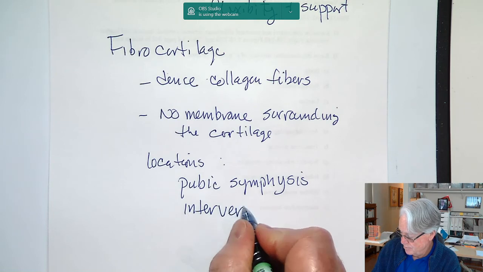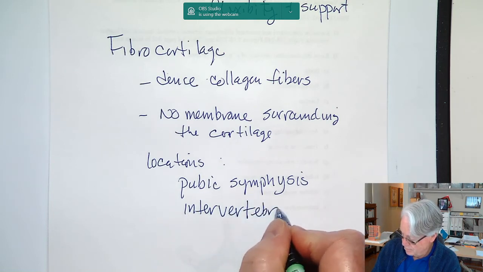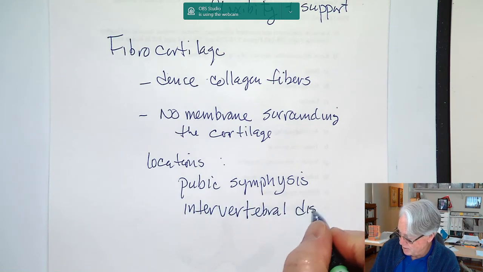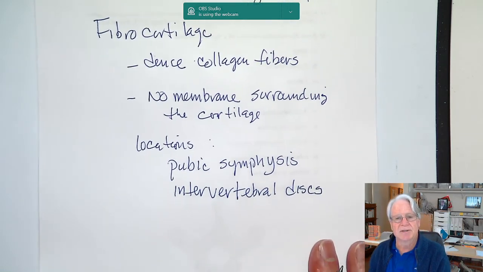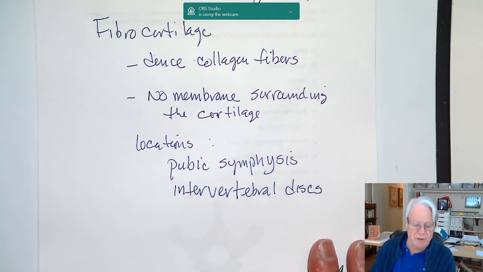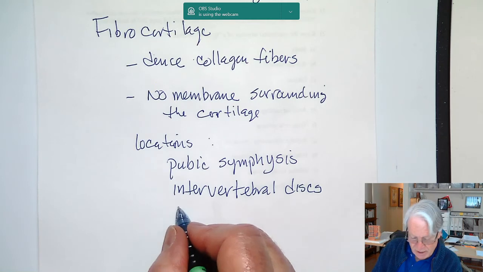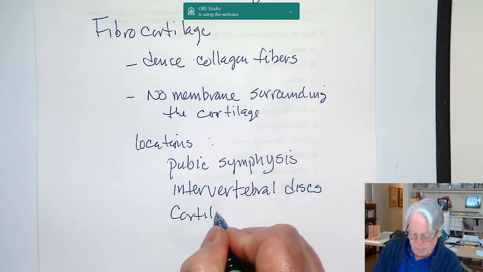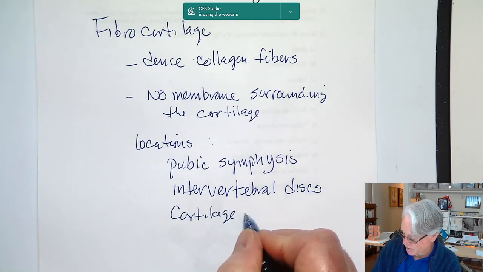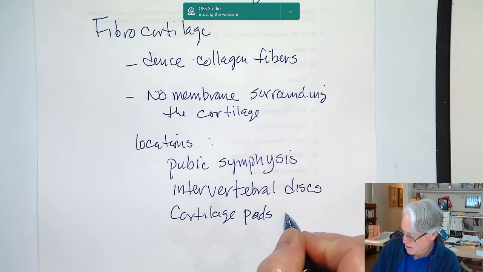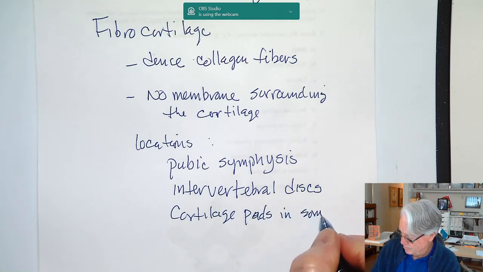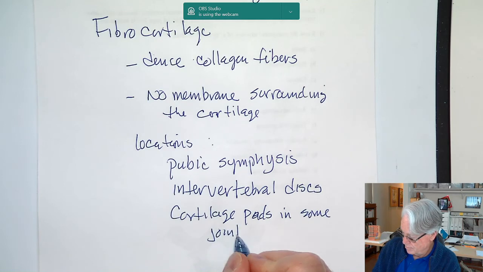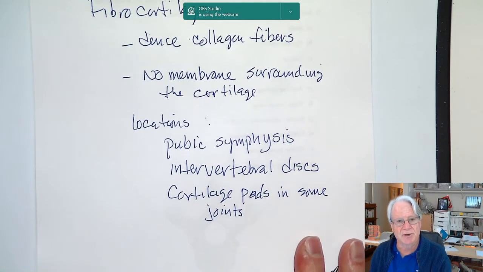Intervertebral discs, so this is the disc in between vertebrae, and some cartilage pads in some joints, such as the knee joint.